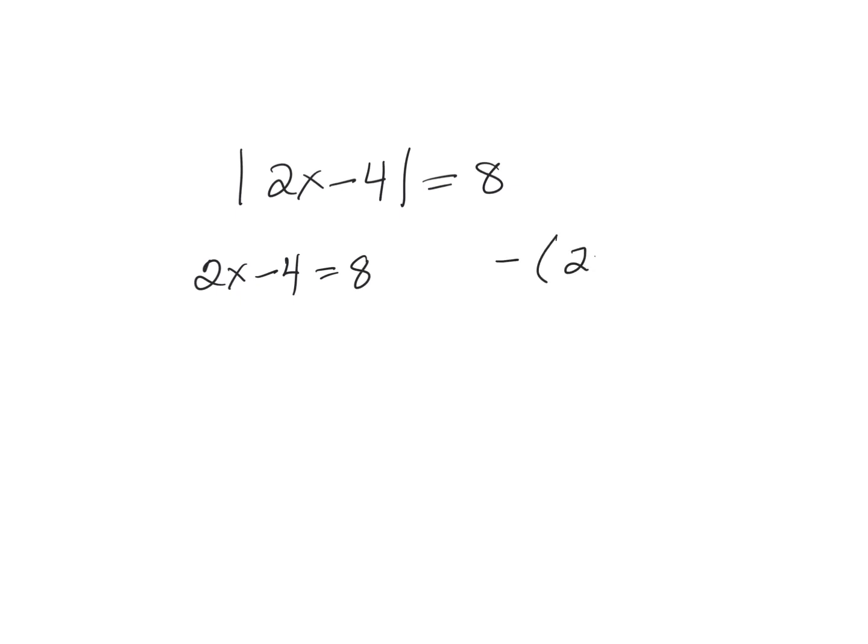Now, let's talk about how we solve equations that involve absolute values. Let's take a look at a few of them. This means that everything inside here could be equal to 8, or the opposite of everything inside here could be equal to 8.